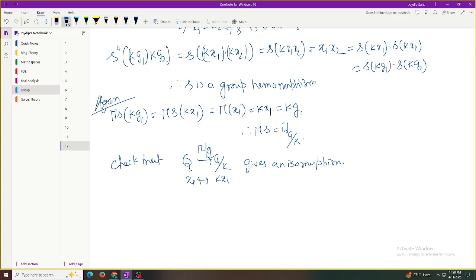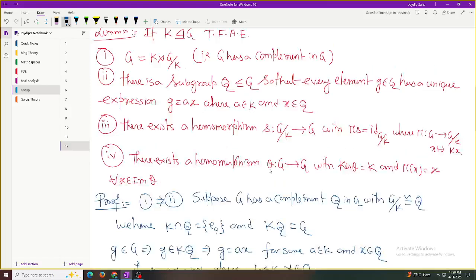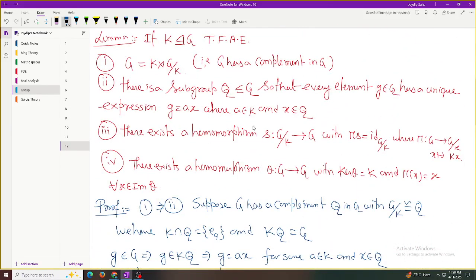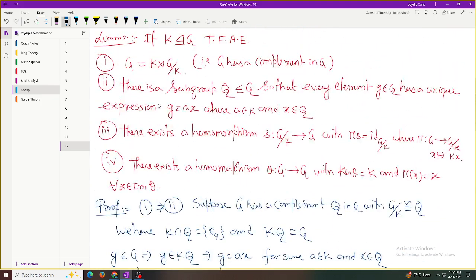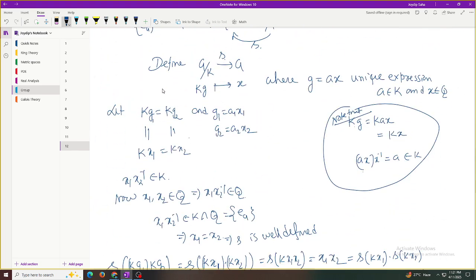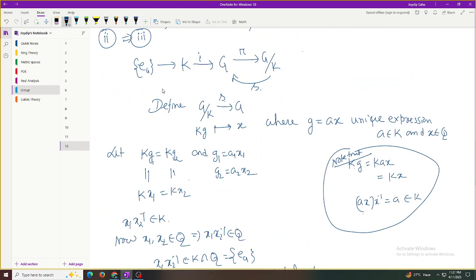Okay, now the last one: 3 implies 4. There exists theta, G to G, with kernel theta equal to K and pi x equal to x. So what is the G to G homomorphism?